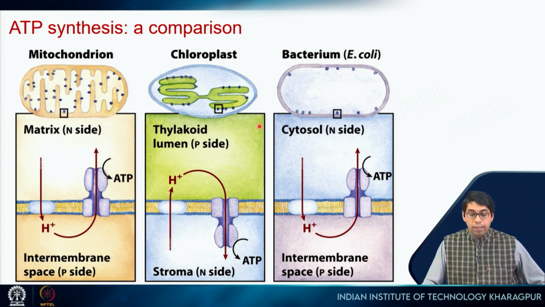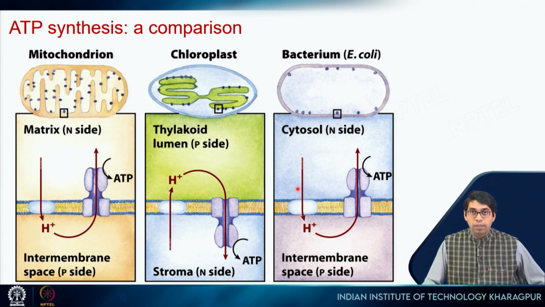Now, in case of bacteria, there is no mitochondria or chloroplast. So, the only membrane that is present is the plasma membrane. On this side, this is the cytosol, and on this other side, this is the intermembrane space. This is the inner membrane, and then there is an outer membrane, so it is that periplasmic space. In that space, proton gradient is established.